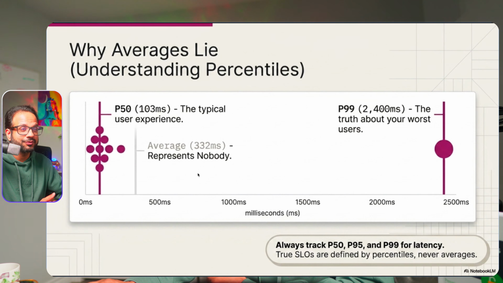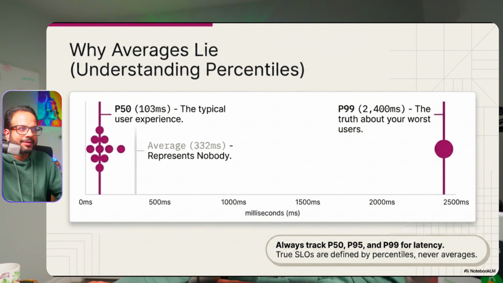But the average is for all the users. So that is where you need to use percentiles. Now with percentiles, we have 3 different ones: P50, P95 and P99. P50 means you are only taking the average of 50% of the users. It will show you, let's say, 103 microseconds, which is a typical user experience.